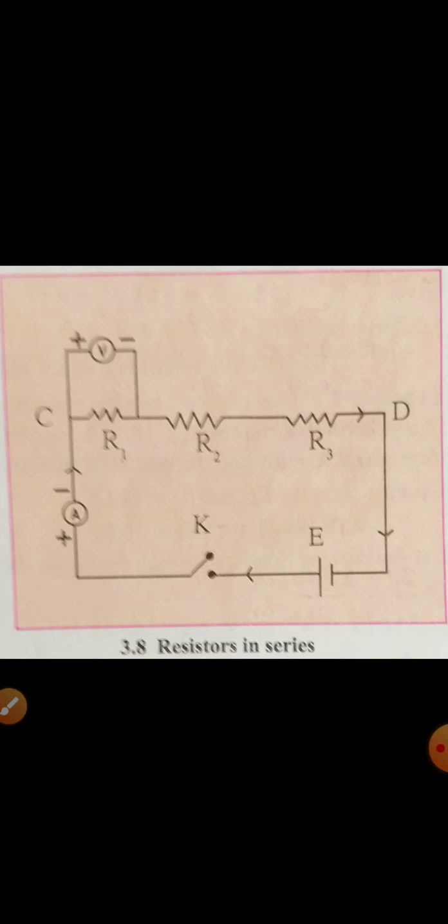Today we'll see about systems of resistors and effective resistance. We know about the resistance and resistivity. Resistors are electrical components that can resist or decrease the speed of current.